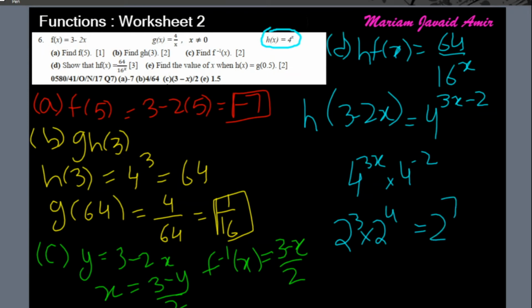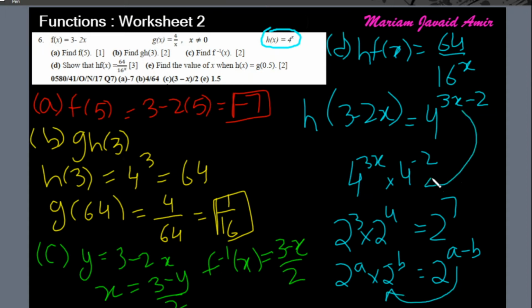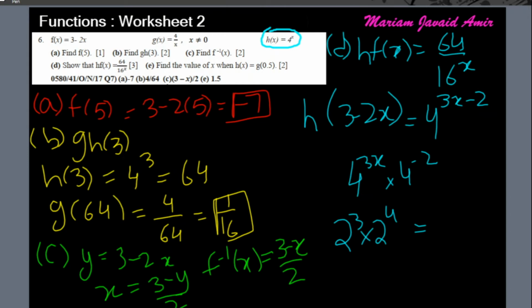So similarly, if I have 2 power a times 2 power -b, this becomes 2 power (a - b). So I've broken this into this, and for 4 power -2, I can write this as 1 over 4 squared, which is 1 over 16.